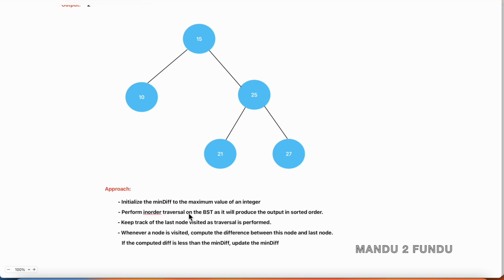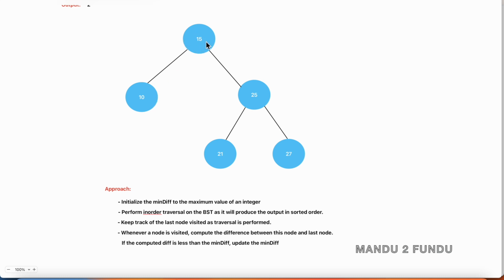Then we perform the in-order traversal. In in-order traversal, first we visit the left, then the root, and then the right. Whenever a parent node is traversed after processing its left subtree, that parent node will be assigned to the previous node. Basically, for every node we visit, we know who is previous.